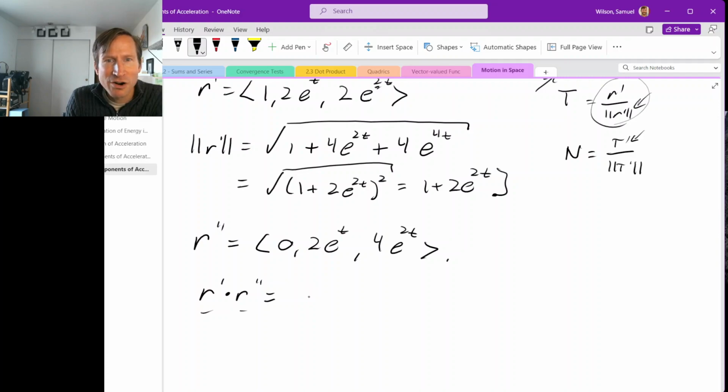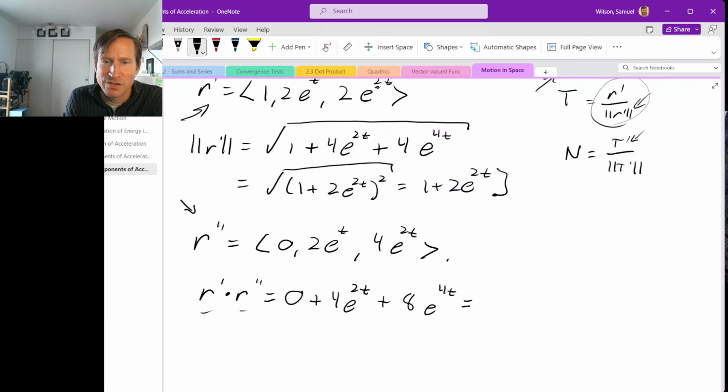So r prime dot r double prime, so I'm dotting r prime up here with r double prime down there, so 1 times 0 is 0, plus 2e to the t times 2e to the t, that's 4e to the 2t, plus 2e to the 2t times 4e to the 2t is 2 times 2 is 4, and then e to the 2t times e to the 2t is e to the 4t.